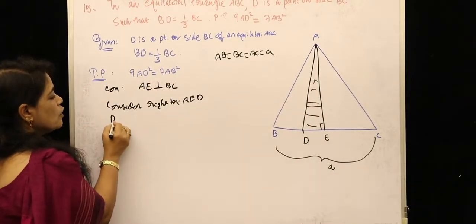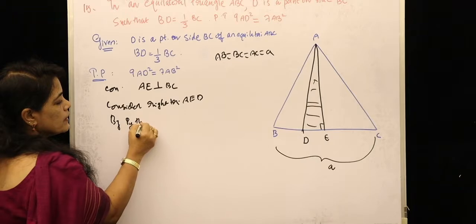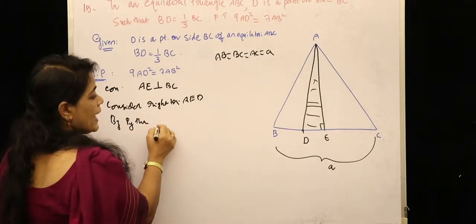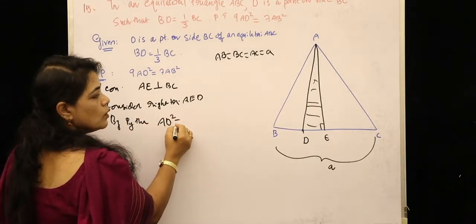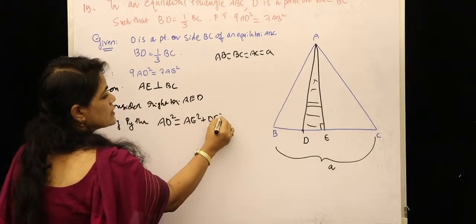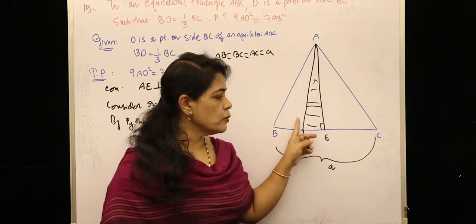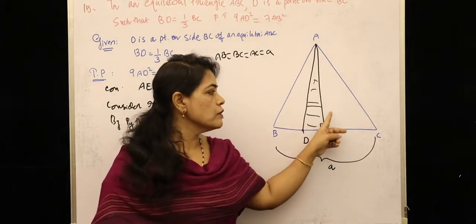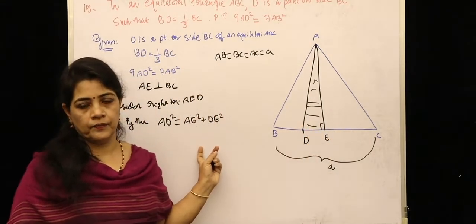So by Pythagoras theorem, AD square is equal to AE square plus DE square. This is the hypotenuse, the side opposite to 90 degrees, and the sum of the squares of the other two sides.